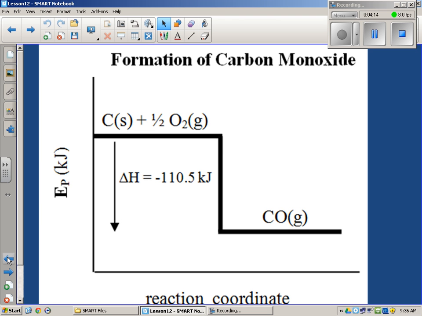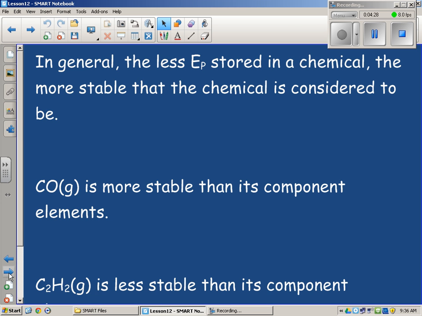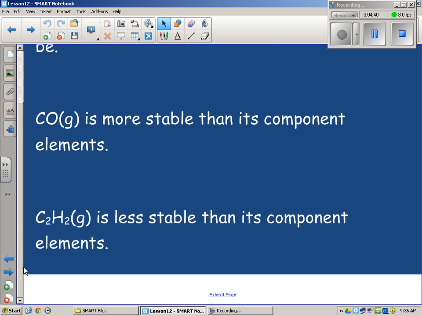So carbon monoxide is more stable than this here. And if we went back to the first one, the elements would be more stable than the product. So make sure you understand that. Basically, like I said, C2H4 ethene is less stable than its component elements, is what it should say there.